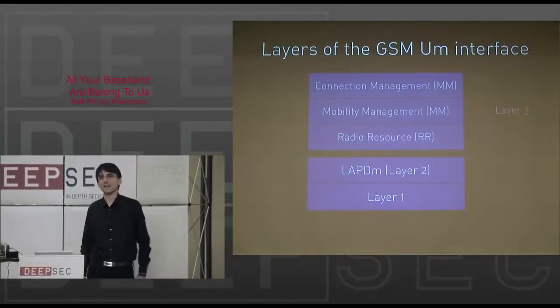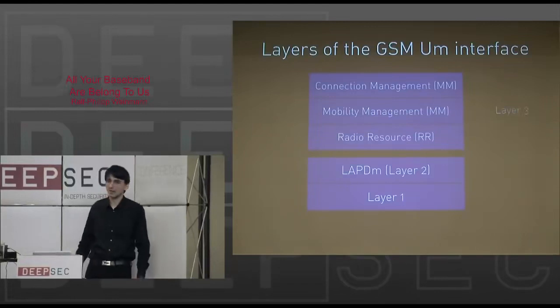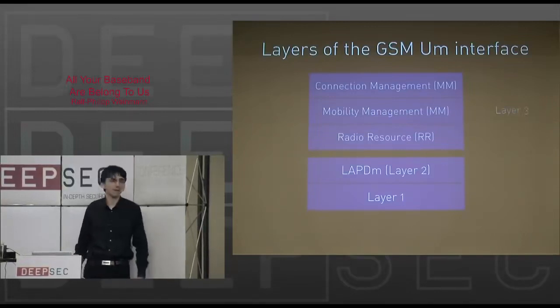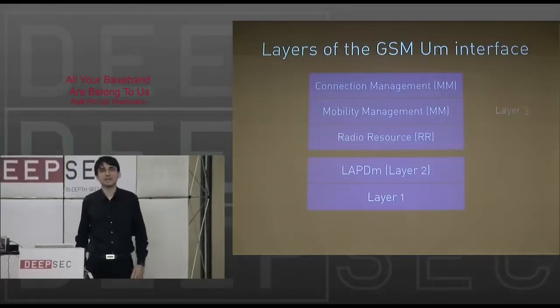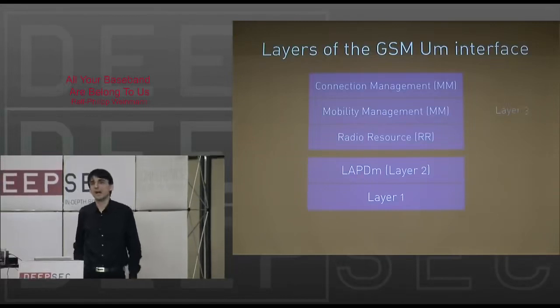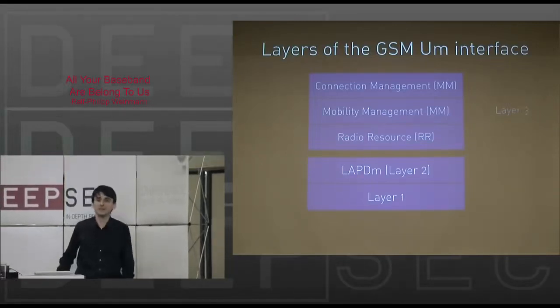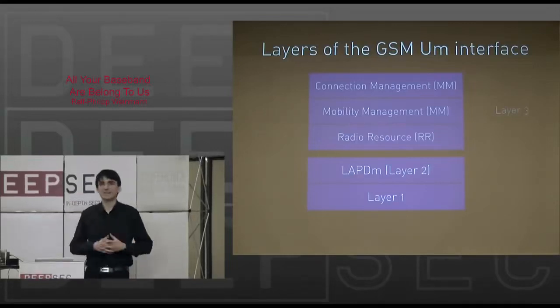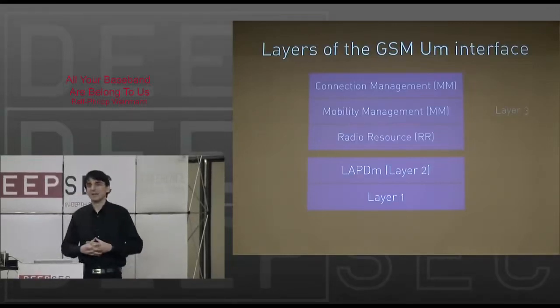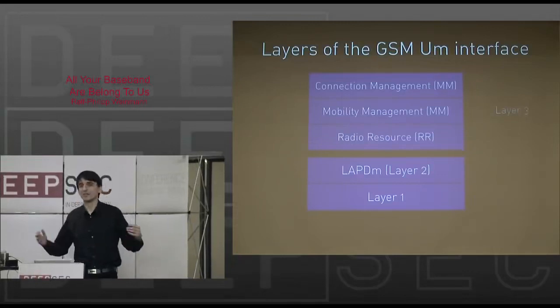Then you have layer 2, which is basically derived from the ISDN LAPD protocol, but in this case it's the LAPDm, LAPD mobile protocol, so they have a couple of additions and some things were removed. For instance, in ISDN, you don't have collisions on a channel.